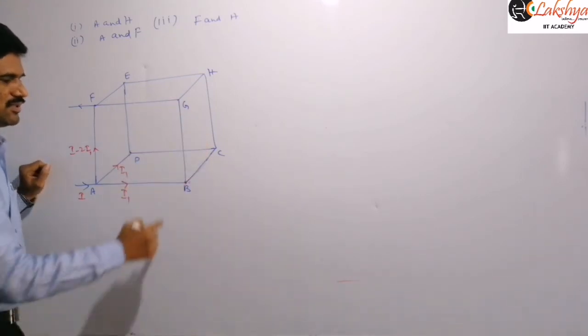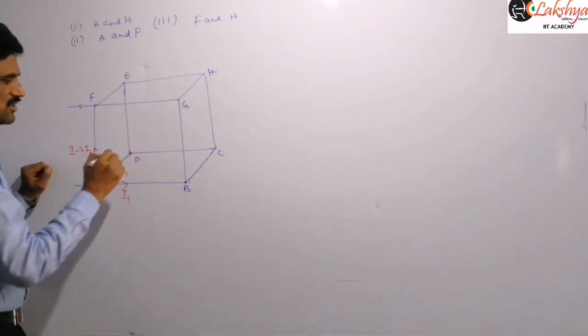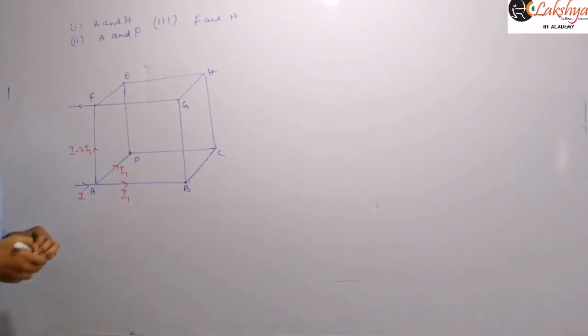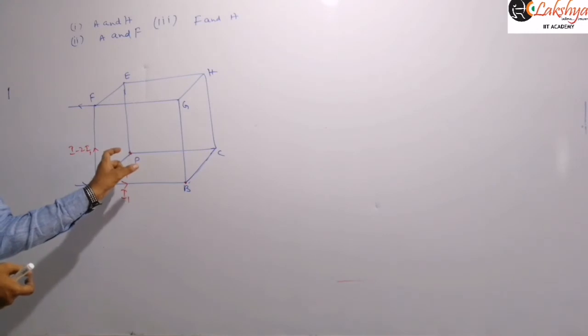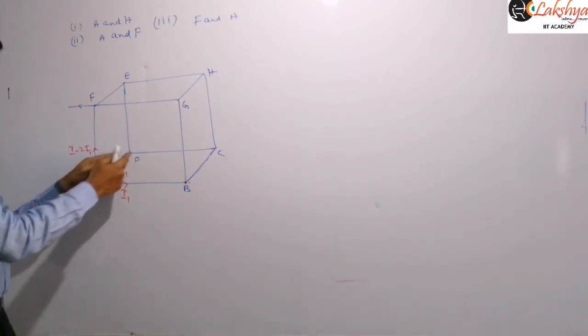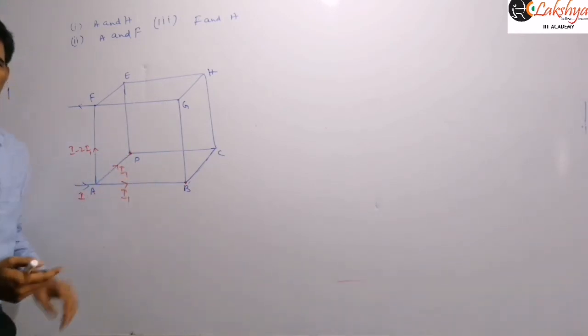Let us think here. When you are reaching this junction and this junction, that means B and D, let us think about B and D. As the resistance is the same here, you can say that B and D will be at the same potential, right? Because here the potential drop is I1R and here also the potential drop is I1R.